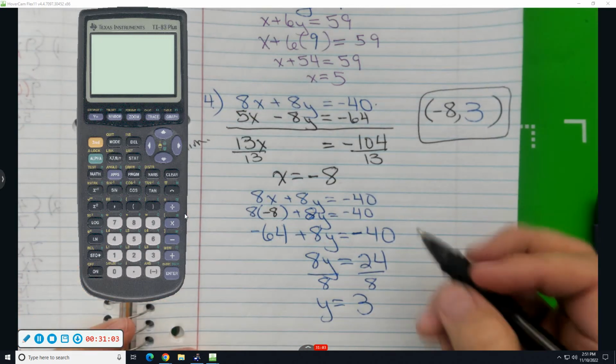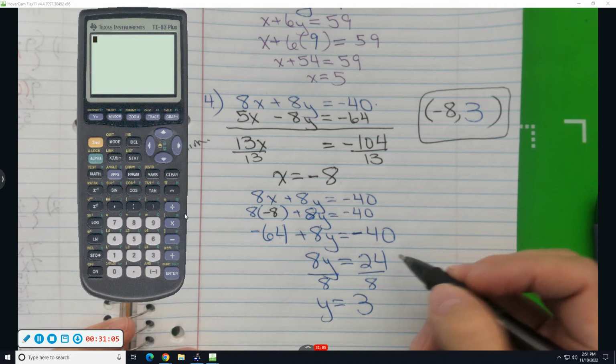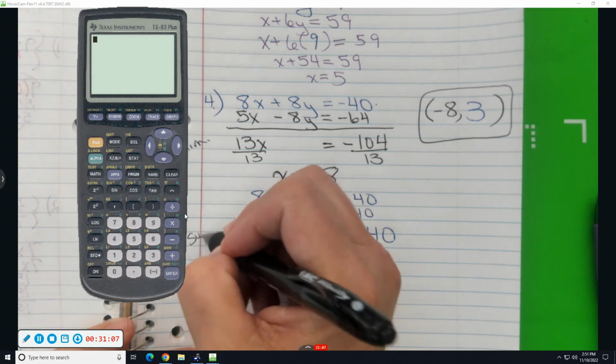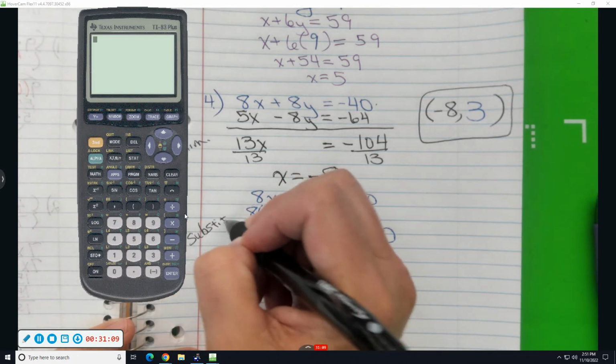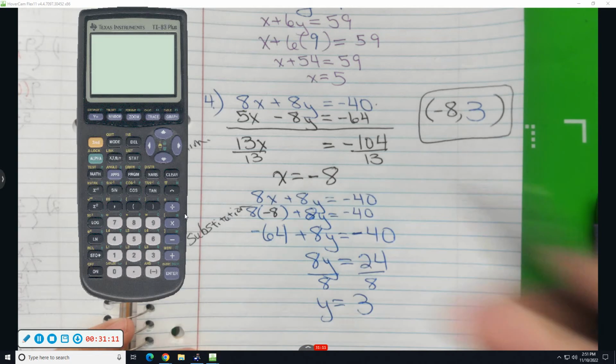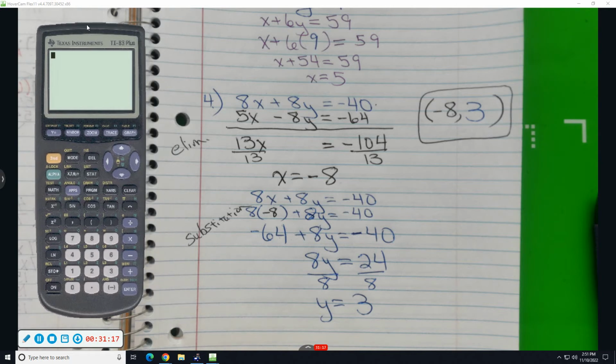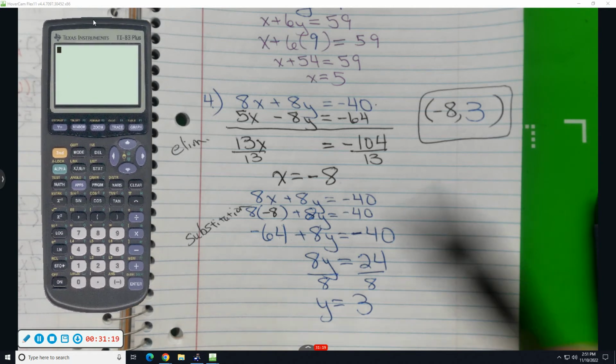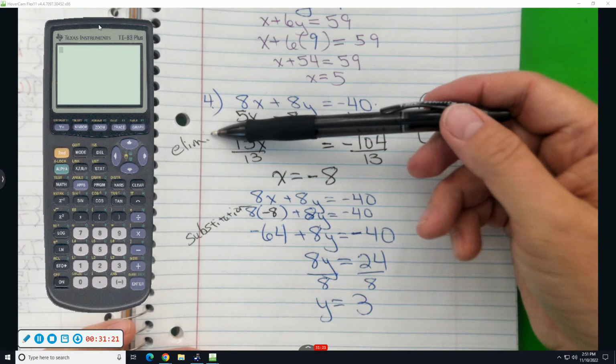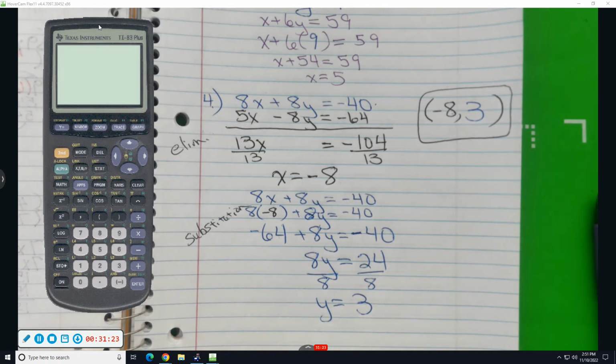And down here, substitution. So substitution and elimination go hand in hand. My preferred method is this combination. Start off eliminating and then substitute to find the other variable.